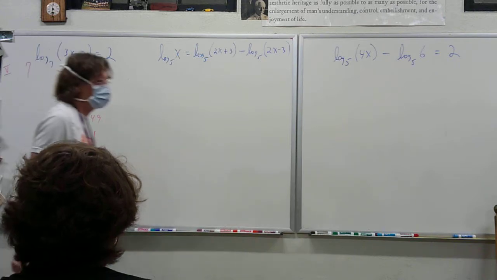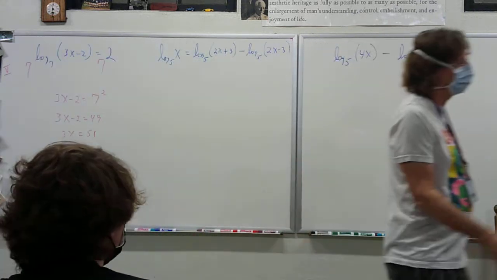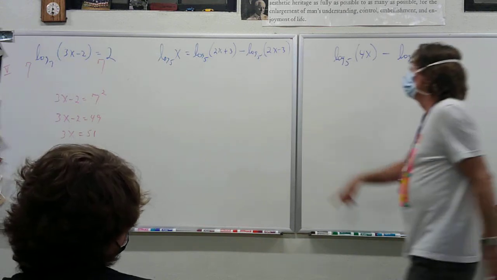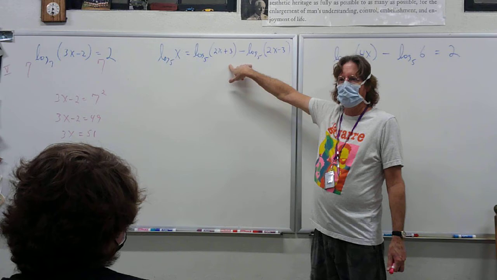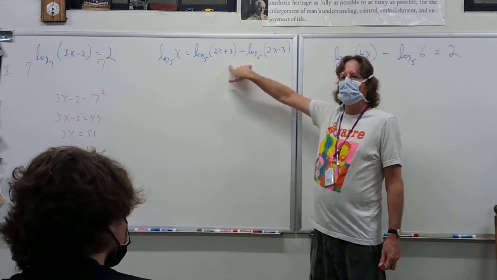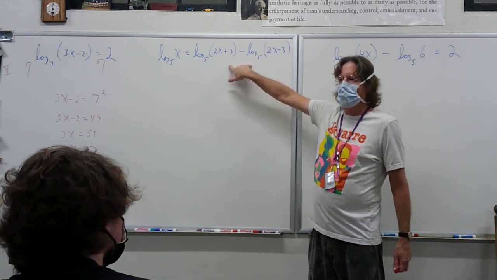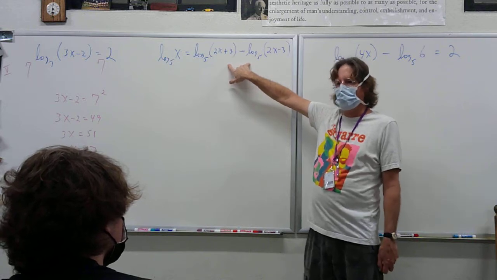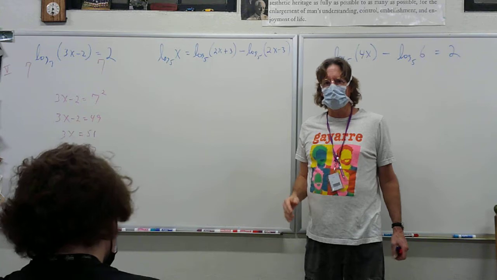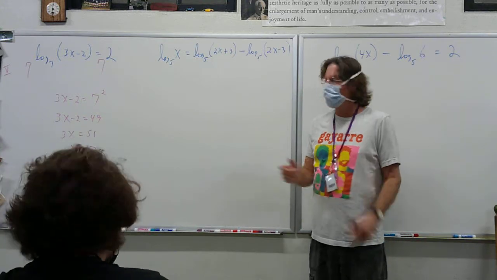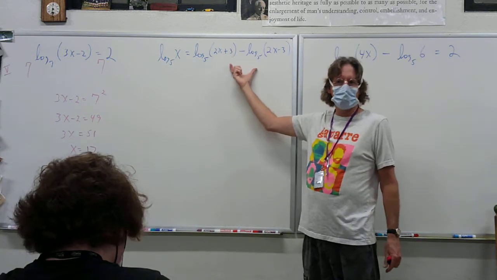All right, this one. What makes this problem different than anything you've worked? This is brand new for you today. You've got two logs on one side of the equation. Okay? Anytime you have two logs on one side of the equation, you're going to use rule 6 or 7 to make it one log. You can't have two logs on one side of the equation.